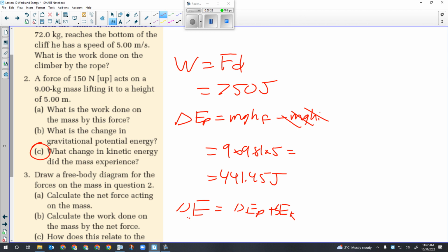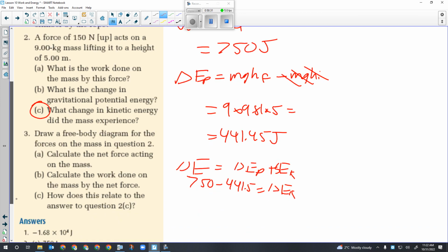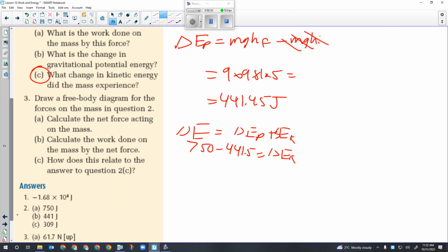So 750 minus 441.5 should leave me with the change in kinetic energy, which is 309 joules. Since there was a change in kinetic energy, the object must have accelerated upwards. Everyone okay with that? Okay.